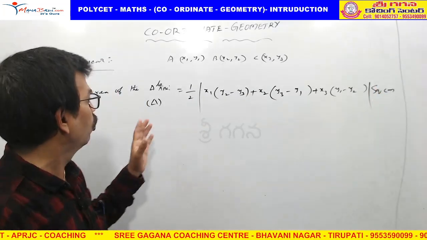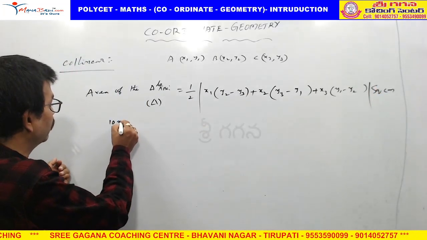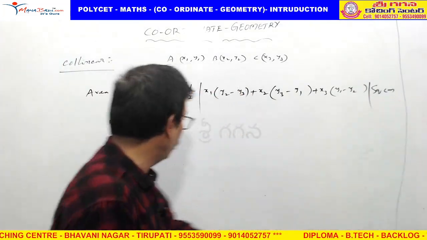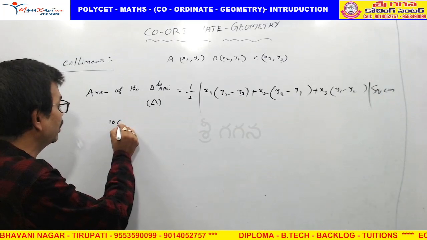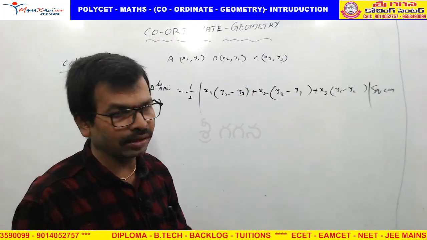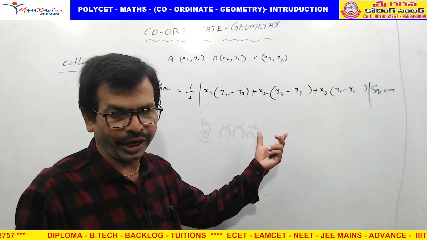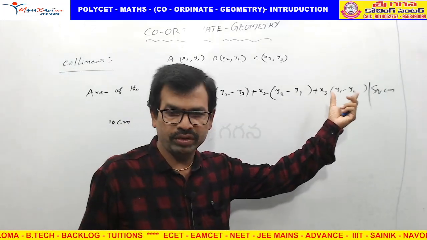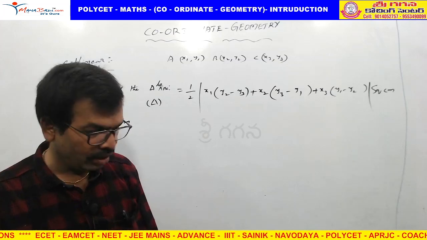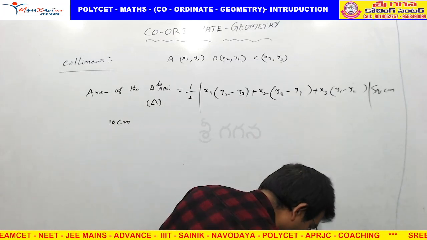In the question, for example, if they give 10 meters, the answer you will write is square meters. If instead of meter I take centimeter, centimeter will come. Like that. This is also one of the formulas for collinear. If this is equal to 0, then those points are also collinear. Okay, next stage.